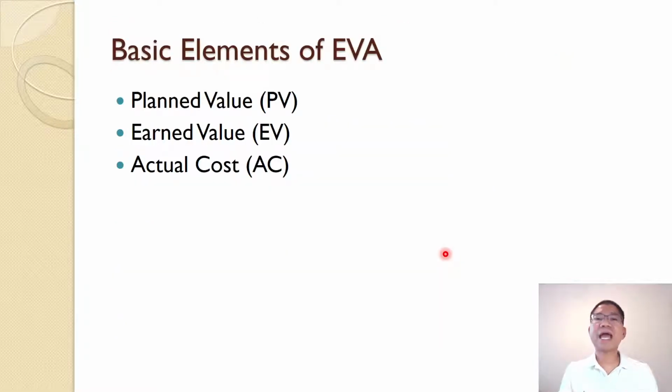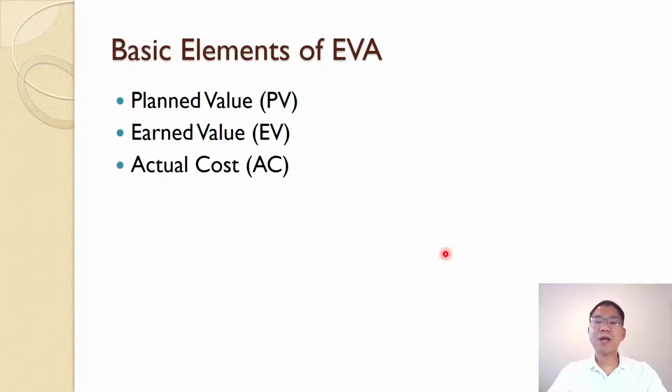So what are the basic elements of EVA that I'm going to discuss today? The first are planned value, PV, earned value, EV, and actual cost, AC. Don't think AC in this class is air conditioning, as in real life when we talk about the weather or the temperature in the house; here it is actual cost.